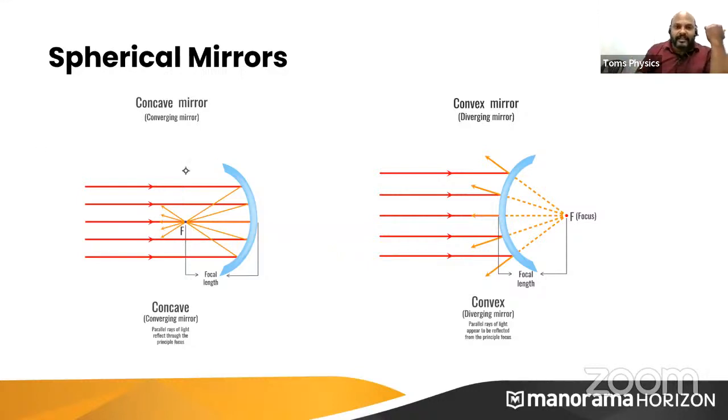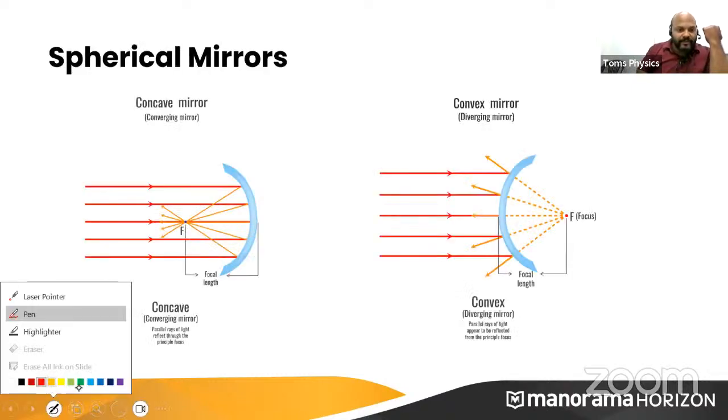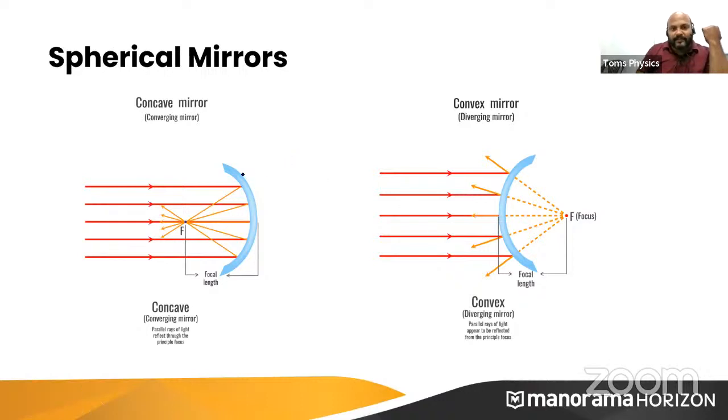So in case the silvering is applied to the outer surface and the reflection is happening on the inner surface, in that case, that is a concave mirror. If the silvering is done on the inner surface, right here, and the outer surface here is reflecting light, that is a convex mirror.